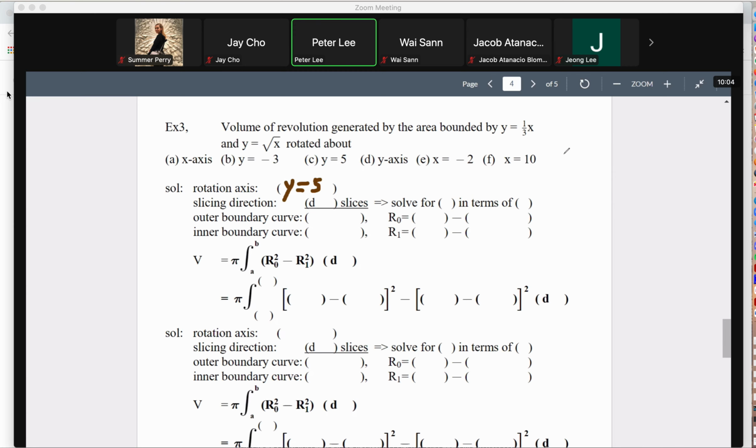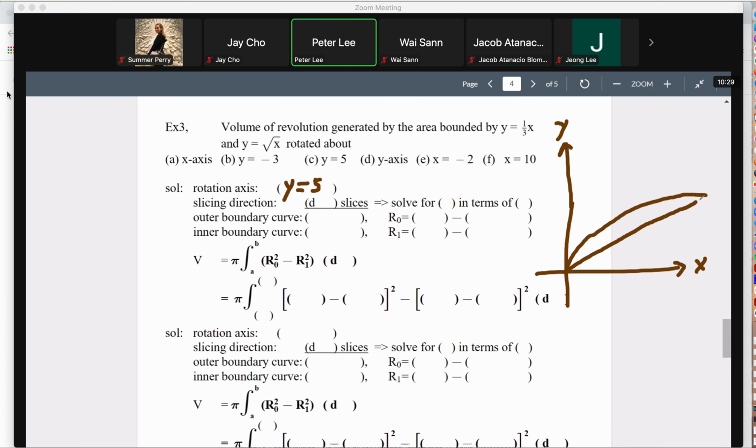So now, here's the curve. Oh, you know what? The rotation axis will be above. So let me now draw it over here, down here. That's y. And the curve is going to look like this, then it's going to look like this, right?